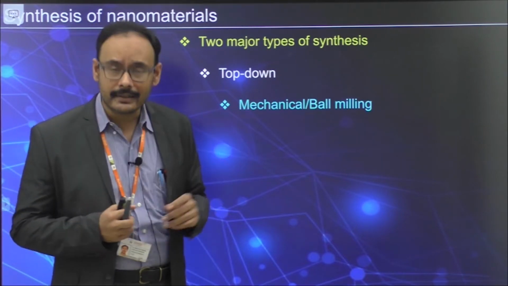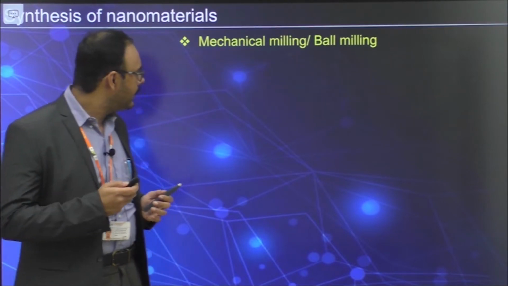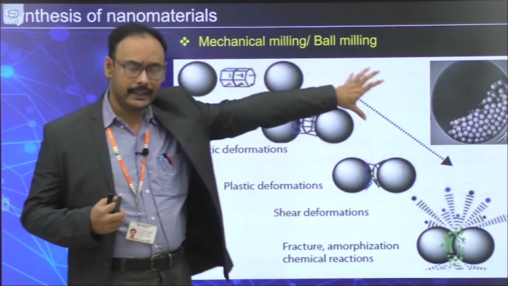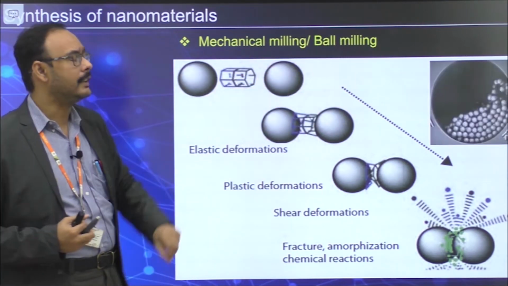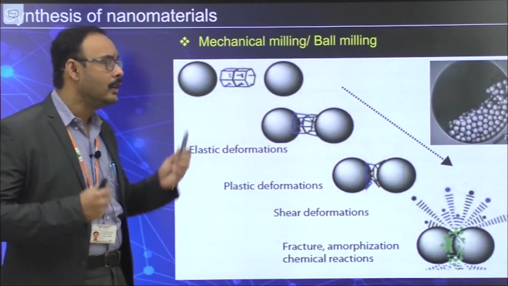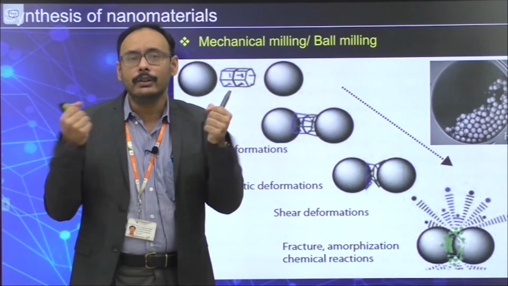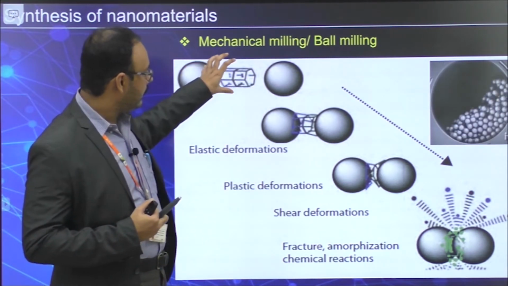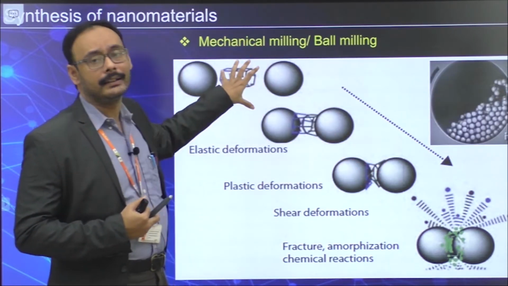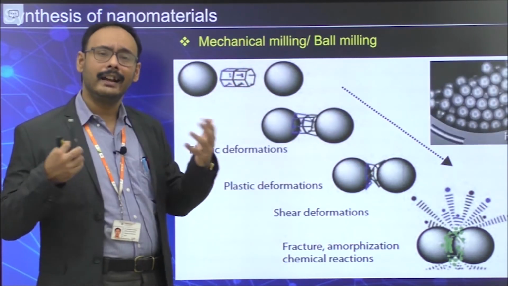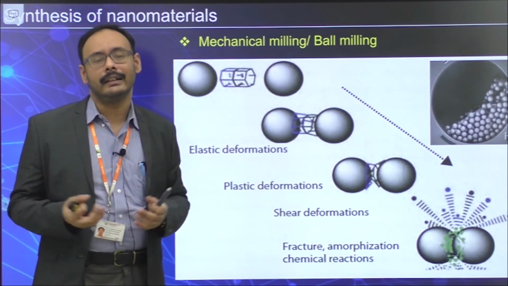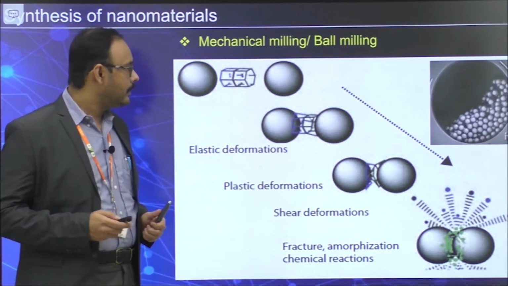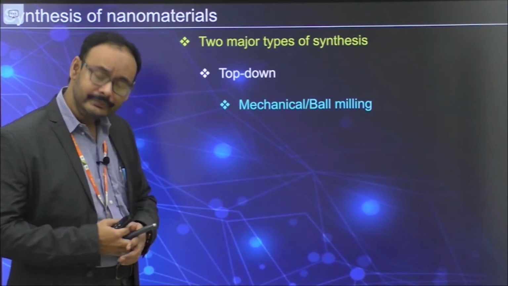We learned that if you have big balls in a particular container along with the bulk material, then once you start rotating them, they will collide with each other, and eventually they will make the nanomaterials from the bulk. We also mentioned some advantages and disadvantages of this particular process. So let's start with the next part.